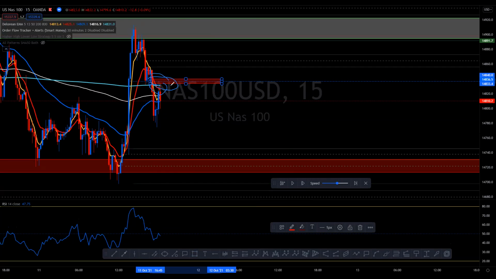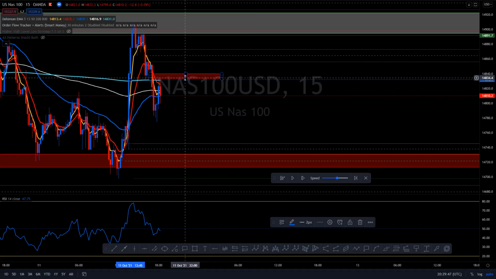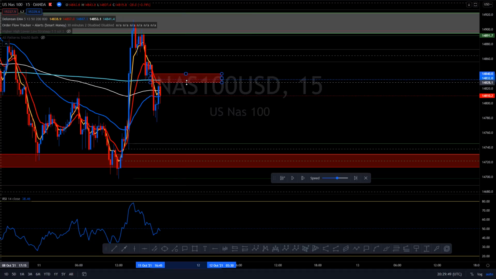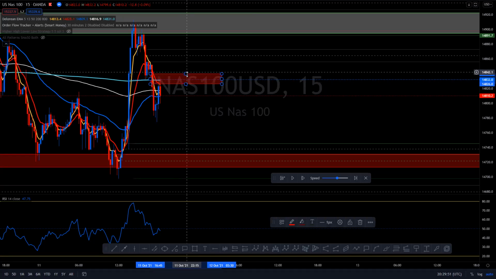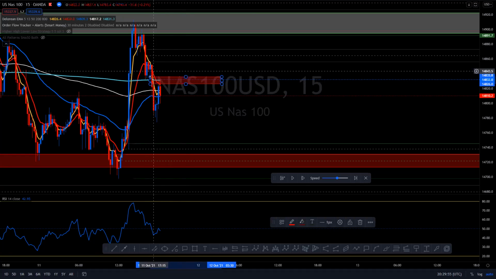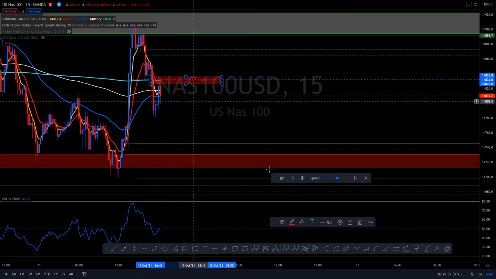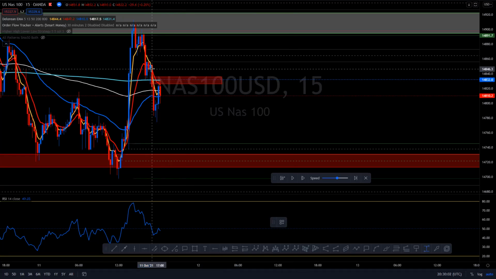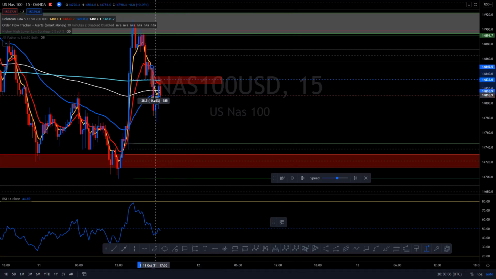I probably could bring this down a little bit lower, making this more accurate, but we were close enough. So we were correct in our analysis that they were going to have to bring price back up to correct that imbalance. Okay.